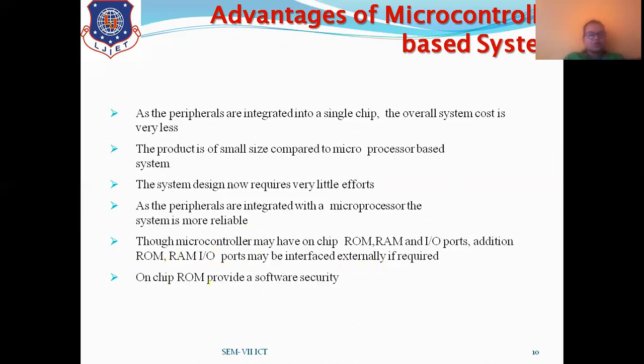And last, on-chip ROM provides software security, as the program code is stored in the on-chip ROM where alterations can never be done. So the software security will be more as compared to externally connected memory. Clear? Okay, so that's all for today's session. This is the ending of unit 1.